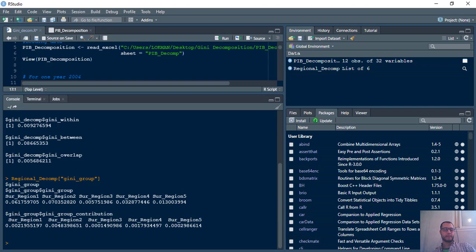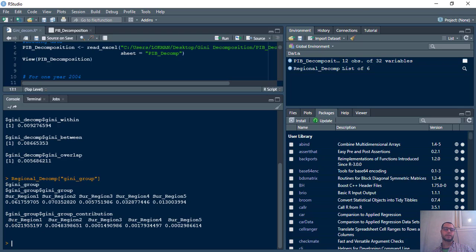And here we have the contribution based on the GDP per capita. For example, region 1 contributes 0.0021 in the total GDP.